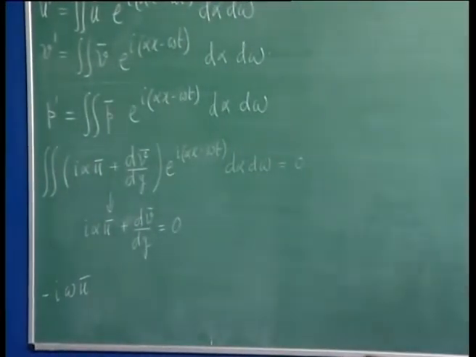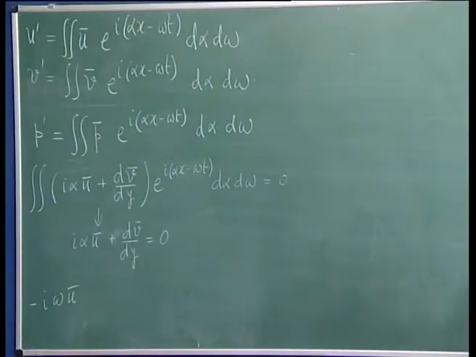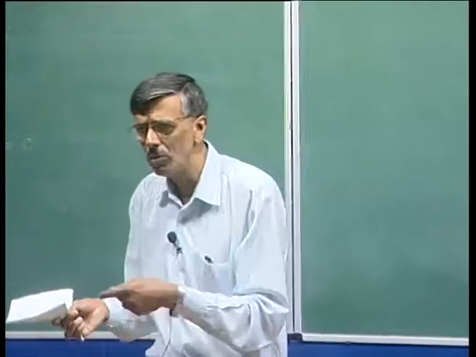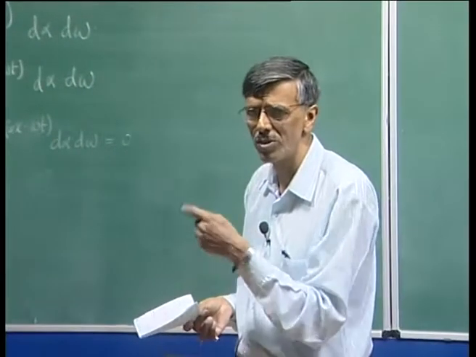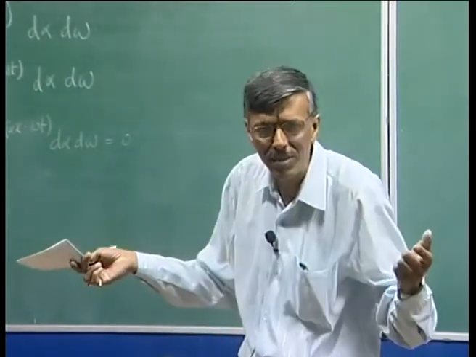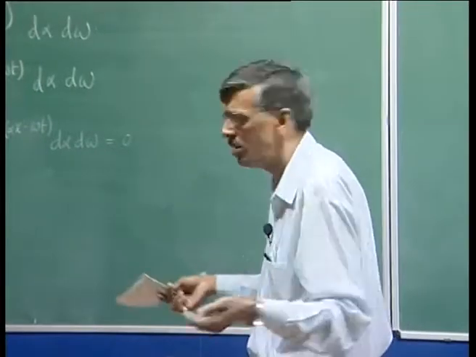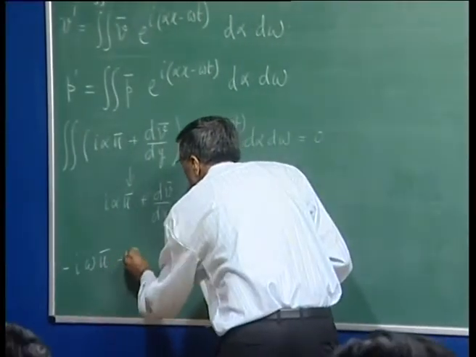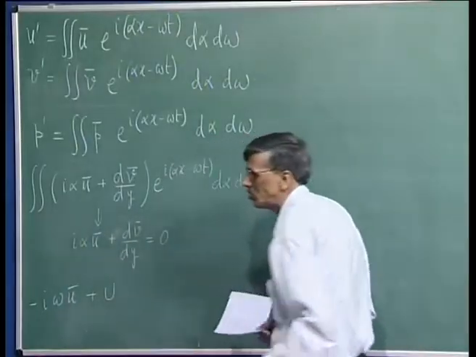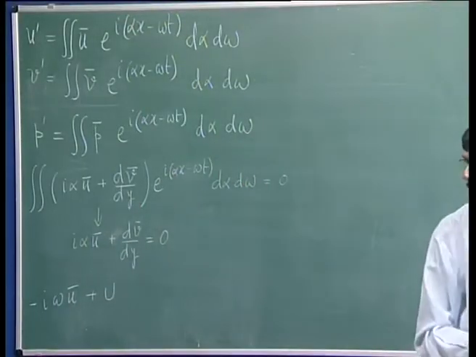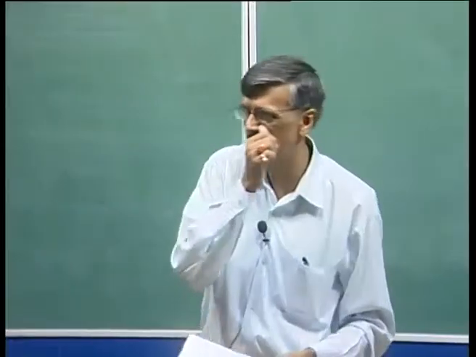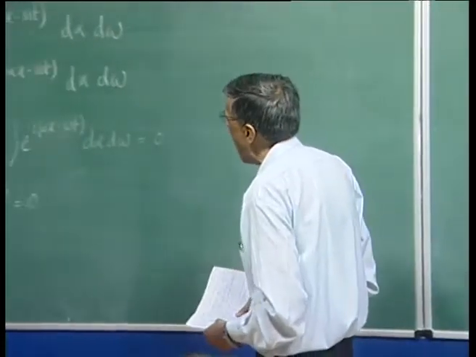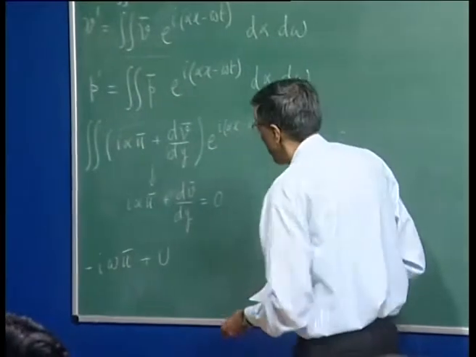What about the following term? Capital U is a function of y only. So when I write down the Fourier transform with respect to x and t, it is virtually like a constant, right? So there I will have the capital U sitting there as it is. What about del u prime del x? Del u prime del x again is going to be i alpha u bar, right?